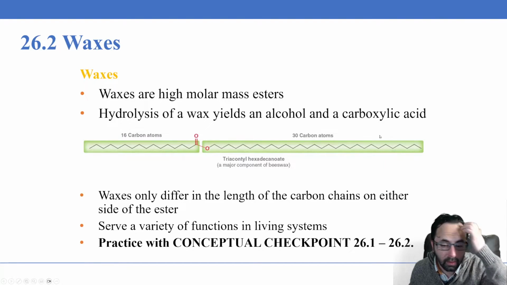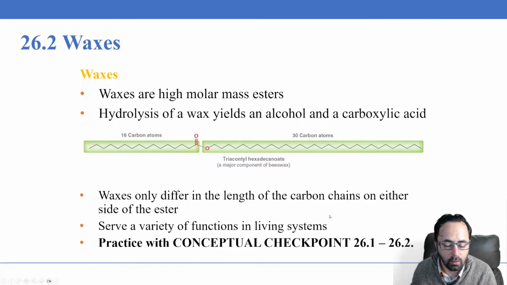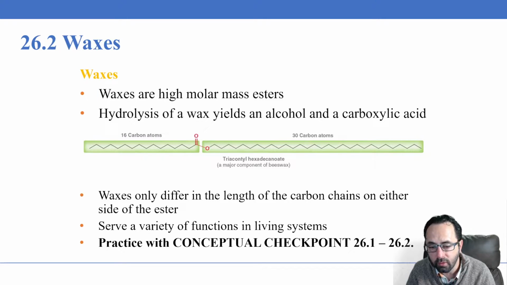So waxes can differ in the length of the carbon chains, and depending on where they're coming from, they will have a different number of carbons on each side of the ester, and they serve a variety of functions in living systems. These, as I said, include protective barriers for plants on their leaves or on the fruits.